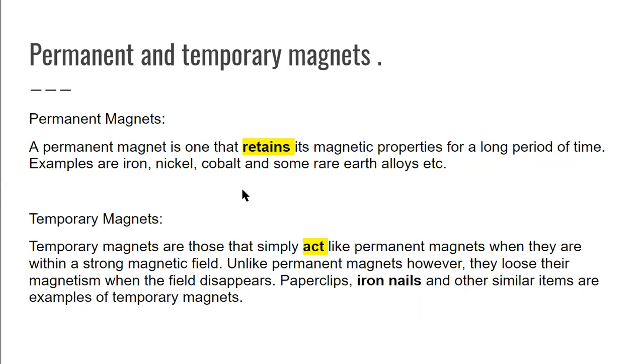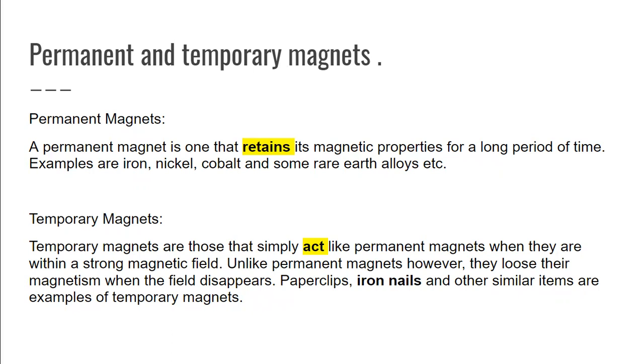Temporary magnets are those that act like permanent magnets when they are kept in a strong magnetic field or around strong or permanent magnets. They will behave like permanent magnets, but they will lose their magnetism once they are away from that magnetic field. What do I mean by that?